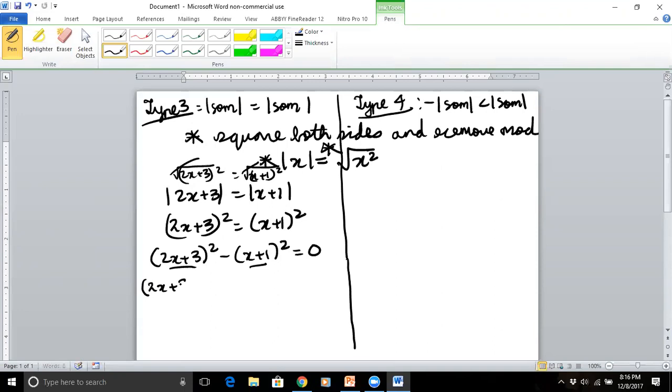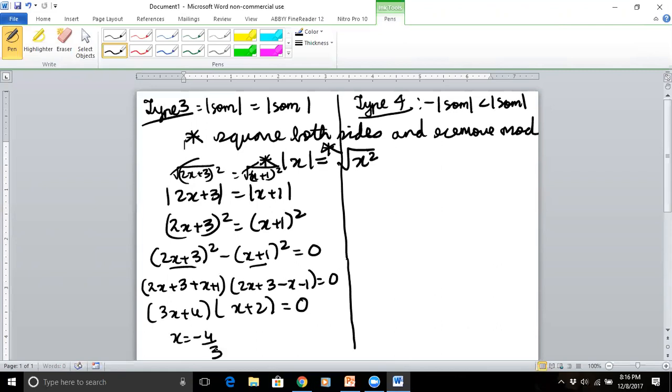So 2x plus 3 plus x plus 1 and 2x plus 3 minus x minus 1 would be equal to 0. So 3x plus 4 into x plus 2 is equal to 0. So clearly here I have two solutions, x is minus 4 by 3 and x is minus 2.